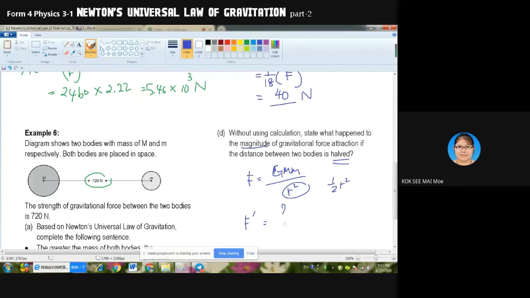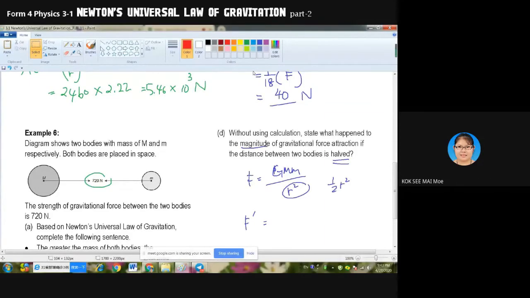I don't want a number, you just tell me increase or decrease. No, that means we show calculation lah. If we do not, increases.